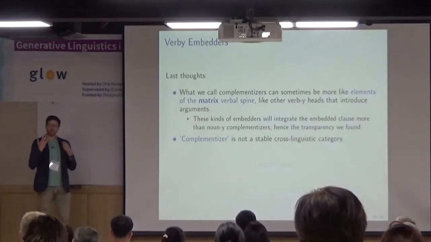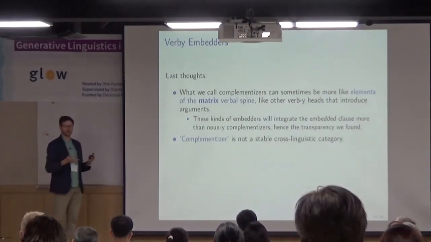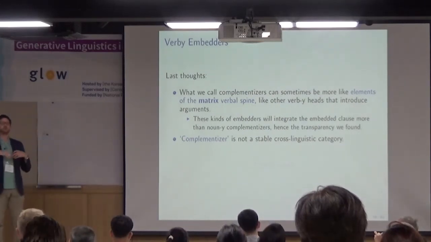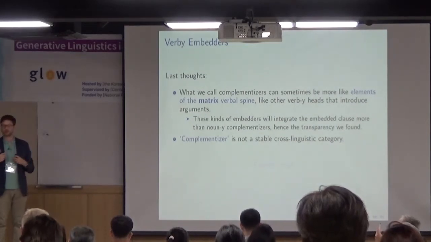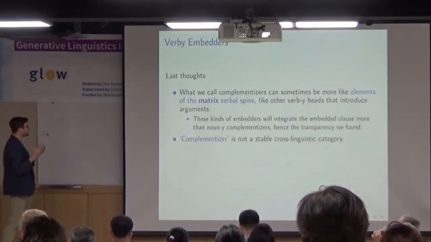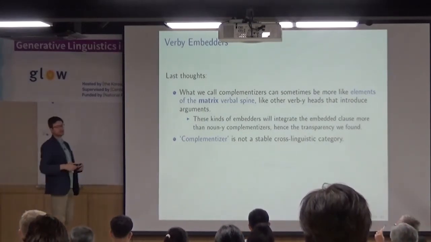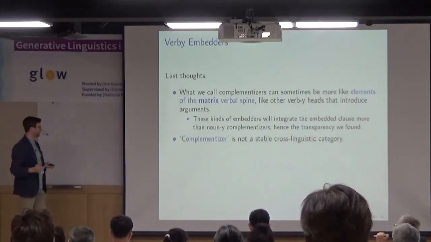And since the embedder is part of the matrix verbal spine, that will integrate the clause more fully into the matrix clause. It won't require any fancy movements to integrate that clause into the matrix clause. And so the idea is that they'll be more transparent than the other complement clauses that maybe we see in English finite clauses.